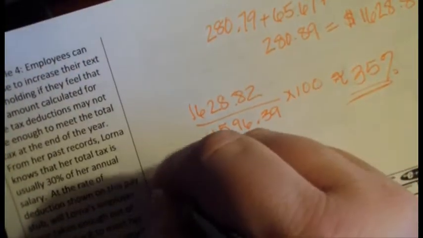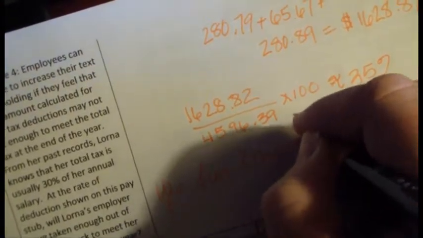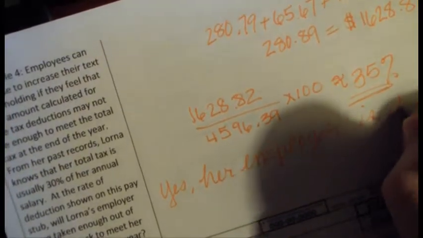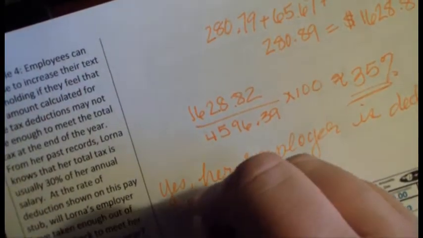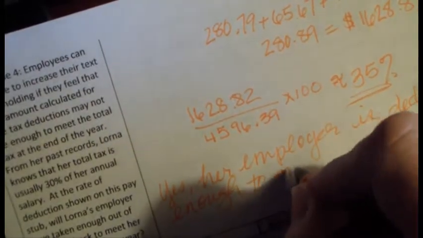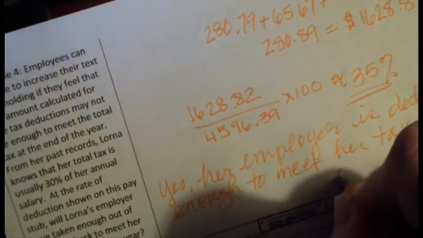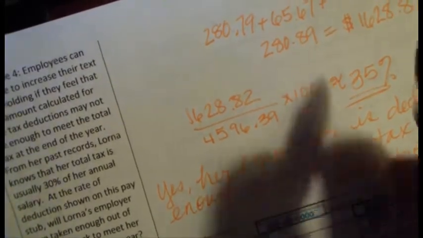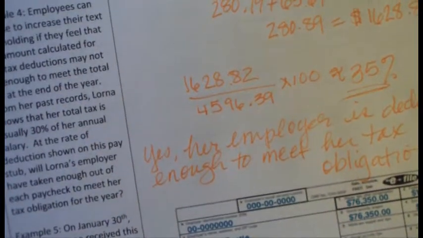So yes, her employer is deducting enough to meet her tax obligation. In fact, she'll get a refund probably, since she's about 30% and she's having 35% taken out.